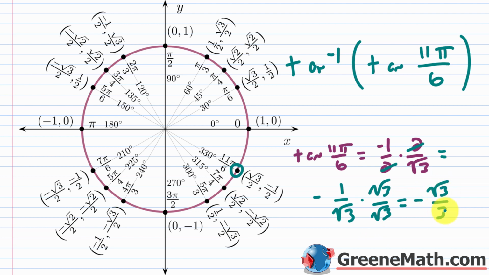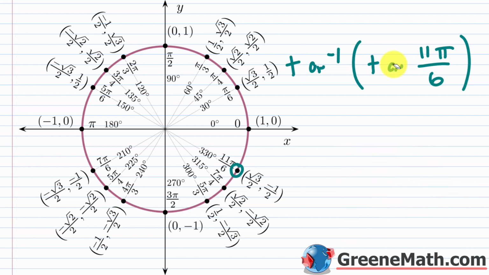I know a lot of you already know that. When you evaluate tangent of 11 pi over 6, you get negative square root of 3 over 3. So now I'm going to say that this is equal to the inverse tangent of the negative of the square root of 3 over 3. When I look at that, I'm working in quadrants 1 and 4.